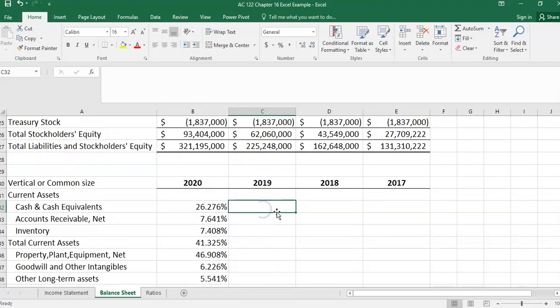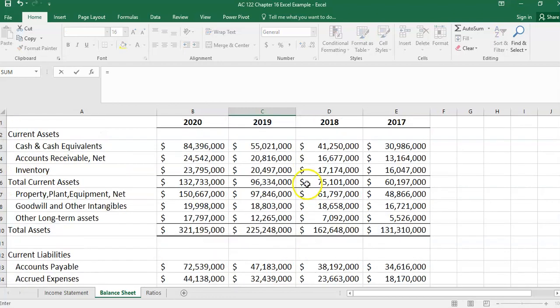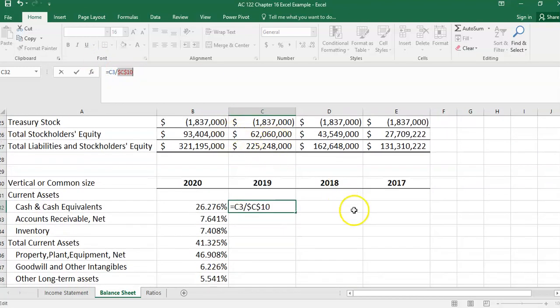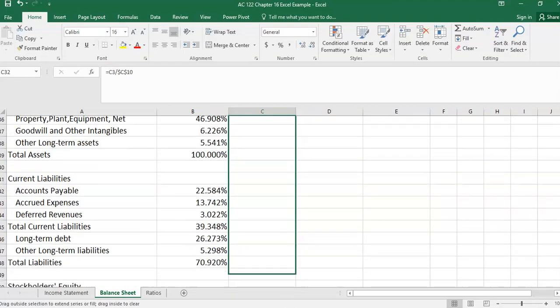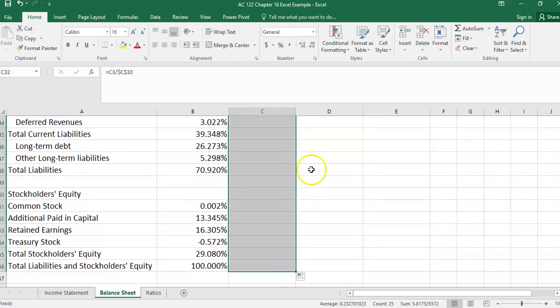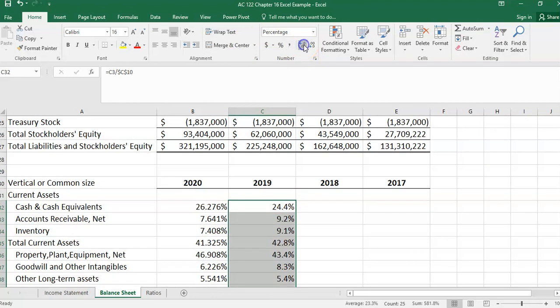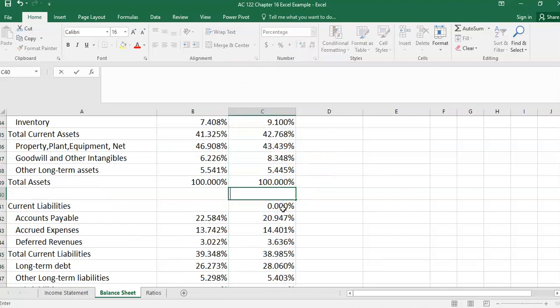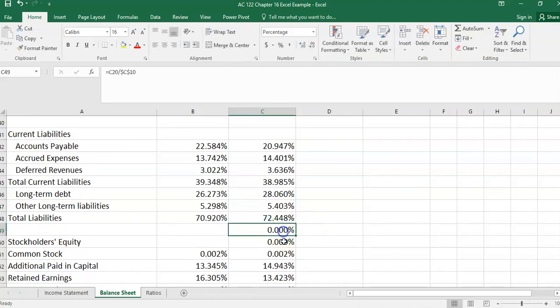So we're going to do that for every year. Take everything in the balance sheet divided by our total assets, locking that total assets cell so that we can copy the formula all the way down, formatting as a percentage with at least 2 points out after the percentage.